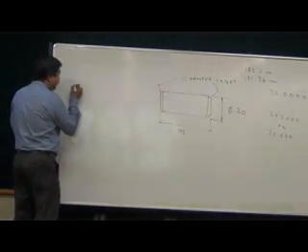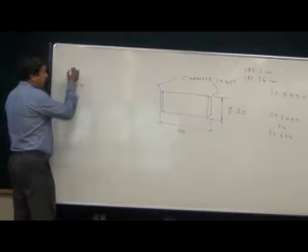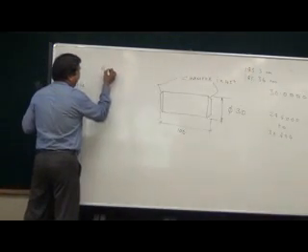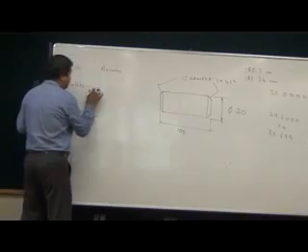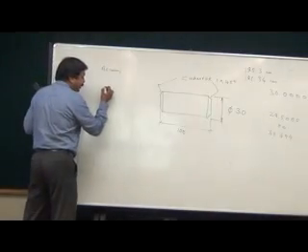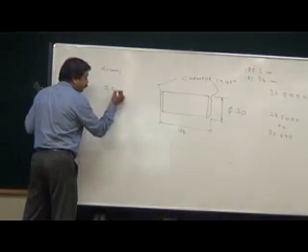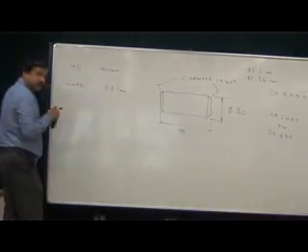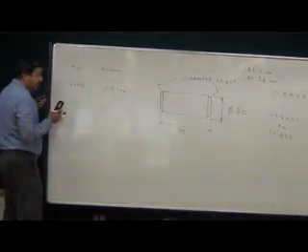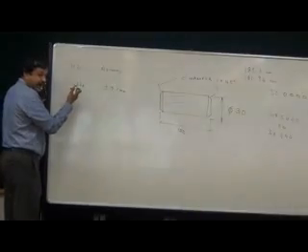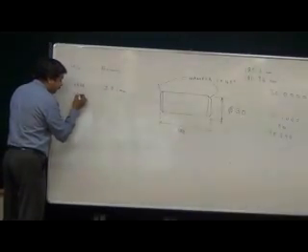So I have a machine, and I have an accuracy. If I machine it in a lathe, I can get an accuracy of plus or minus 0.1 mm.